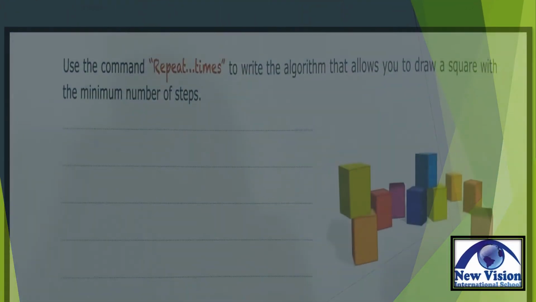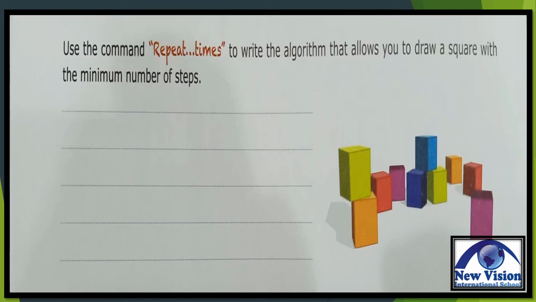In exercise number 1, we used 9 steps in order to draw a square, but this time we are going to use the command repeat times in order to write the algorithm that allows us to draw a square with the minimum number of steps. The first step would be pen down that allows us to draw the line. The next step would be repeat times.